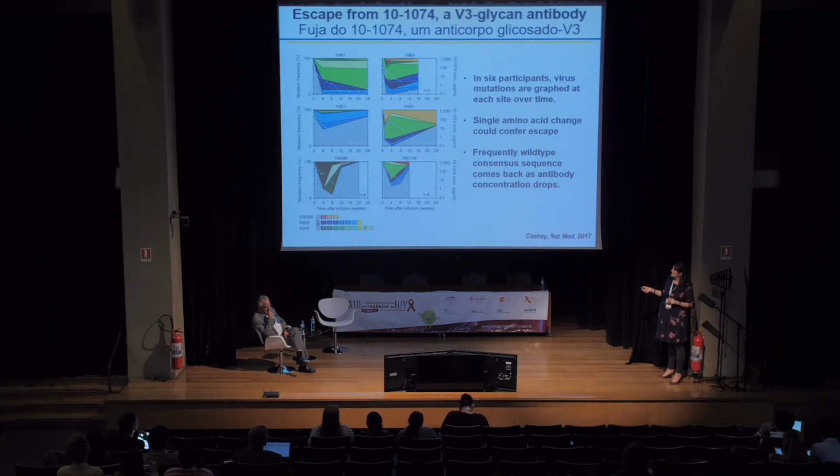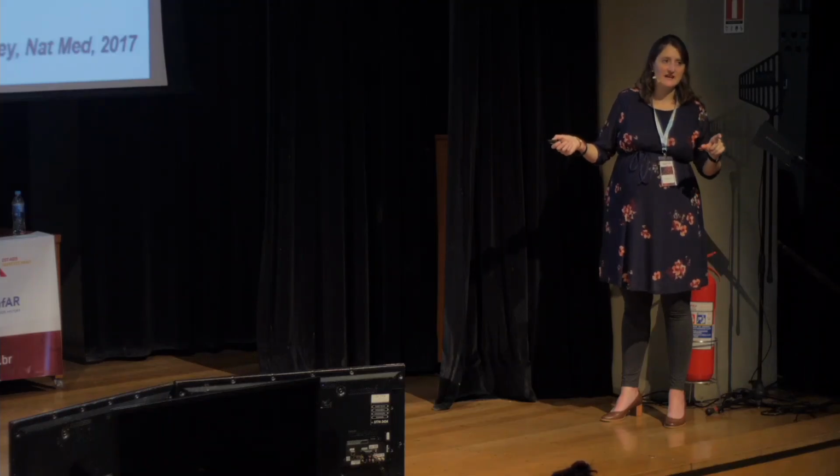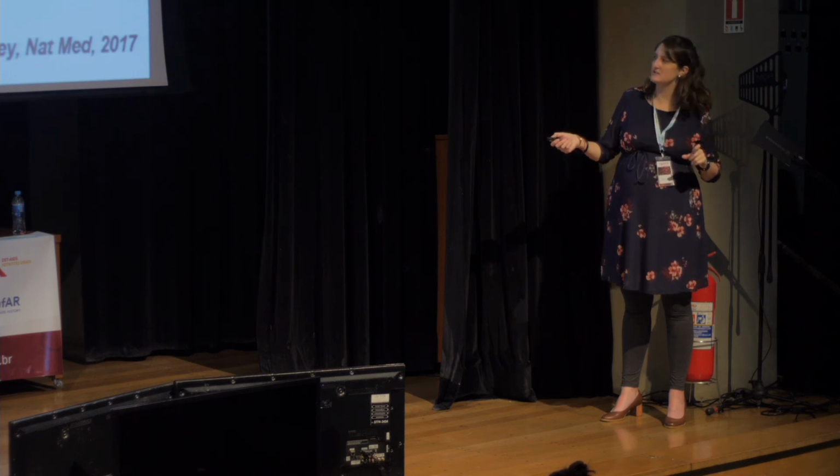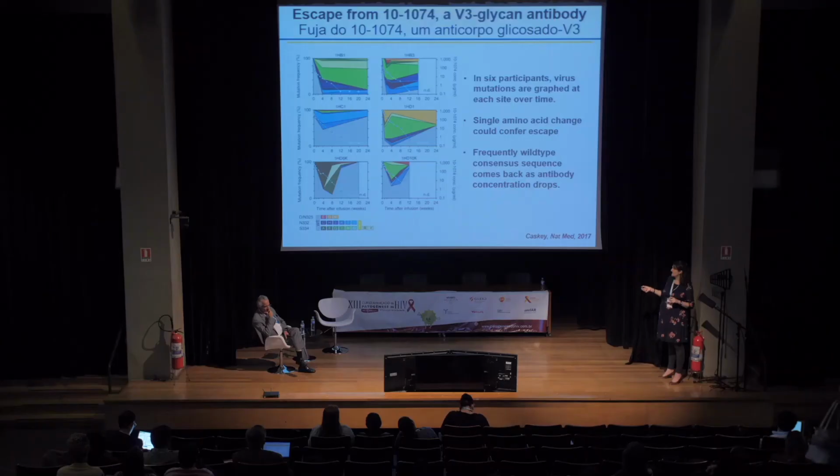The graphs show just the sequence for the glycan that's involved in this epitope. Wild type having the glycan there, which means the antibody can neutralize that virus, is quite common. It's quite conserved. Everyone starts off with gray wild type virus at 100%. The y-axis is percent of mutant virus, and the x-axis is time after infusion. The antibody concentration is shown in white.